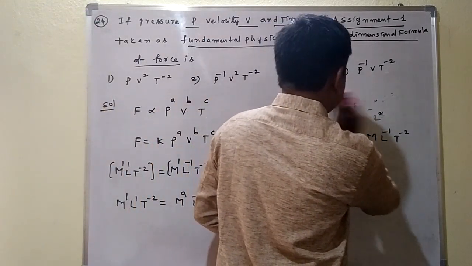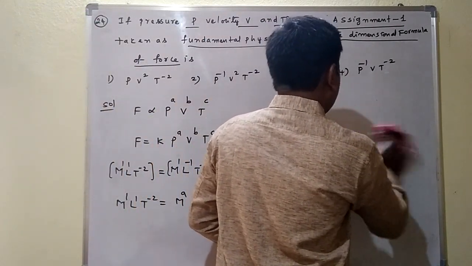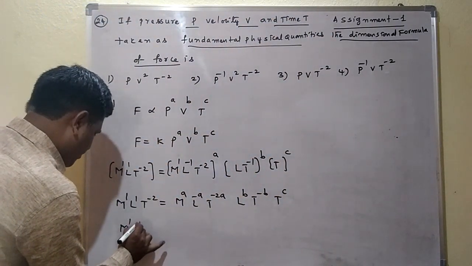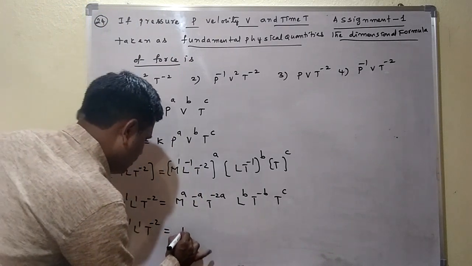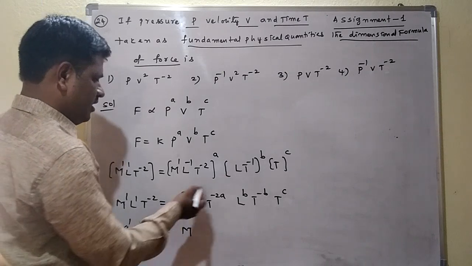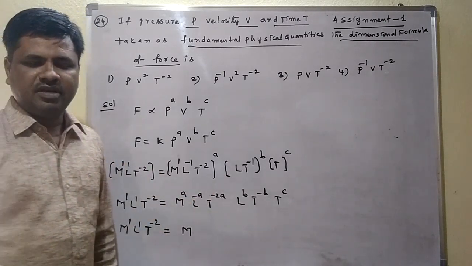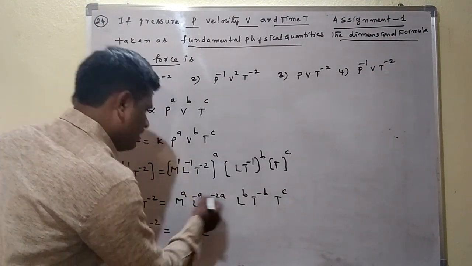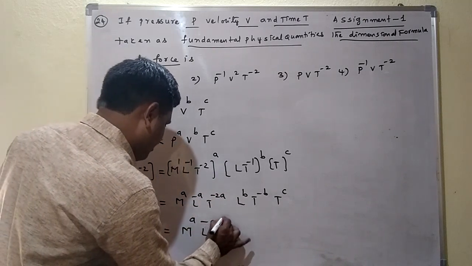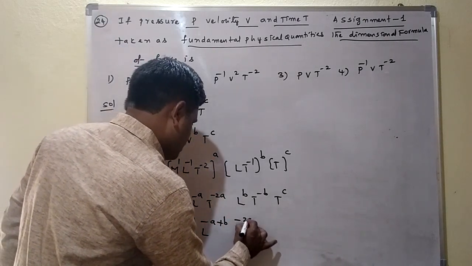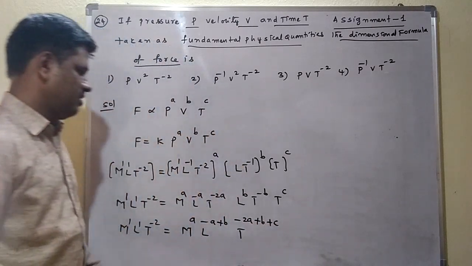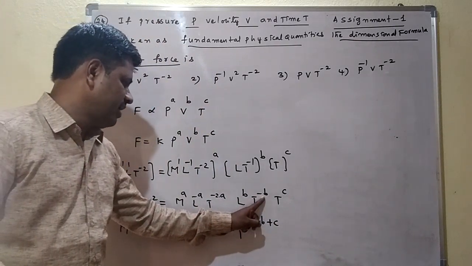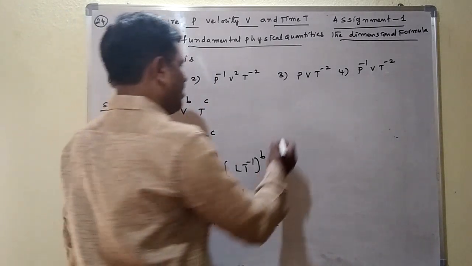From this we write M power of 1, L power of 1, T power of minus 2 is equal to M power of A only, since M powers of the others are not there. Here the bases are the same, so we can add the powers: L power of minus A plus B, T power of minus 2A minus B plus C. Now compare the powers on both sides.